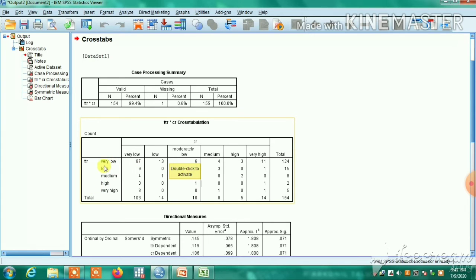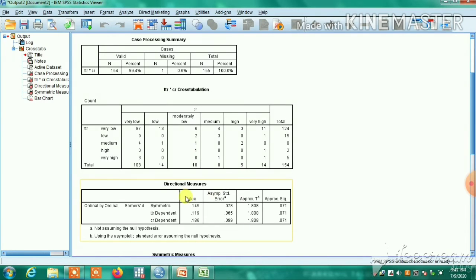And this is the tourist arrival ranking: very low, low, medium, high, and very high. So these are the cases. 87 cases are very low and very low in both the variables. Similarly, the other 13 are very low and low. Similarly, these are the values with respect to the two variables.